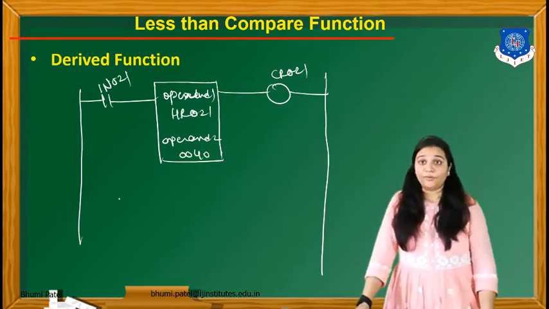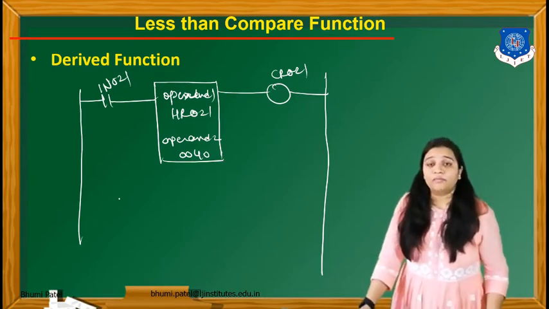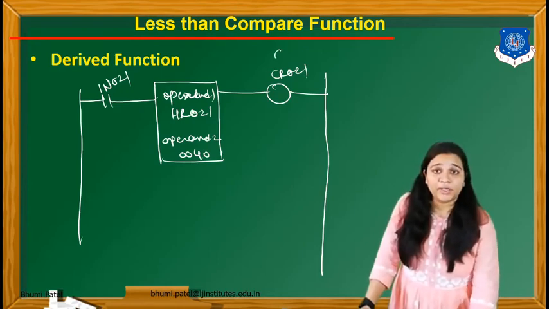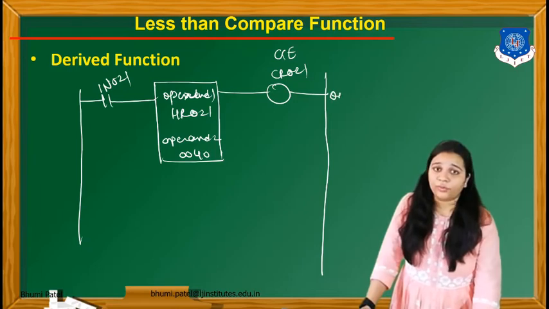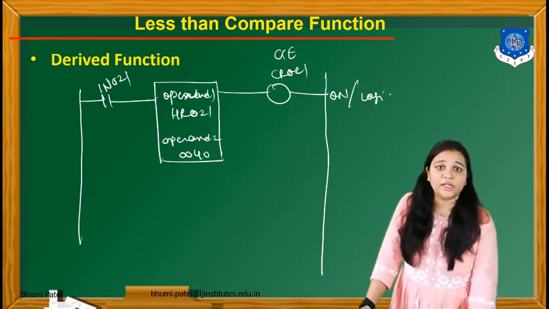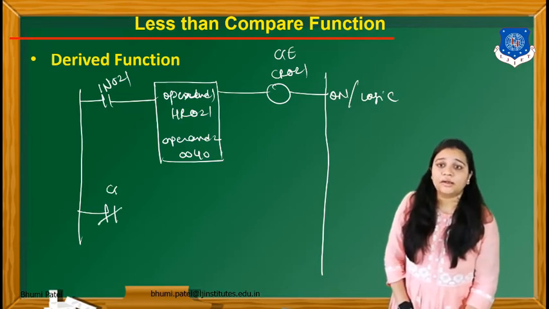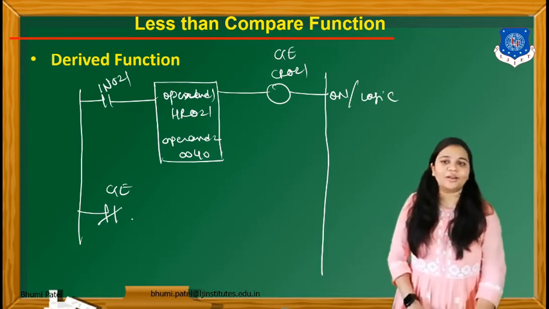Okay. Now we have to derive the less than compare function using the basic function. If the number is greater than or equal to, at that time the output goes on. This is my logic. If the number is not greater than or equal to, that means my number is less than the other number.